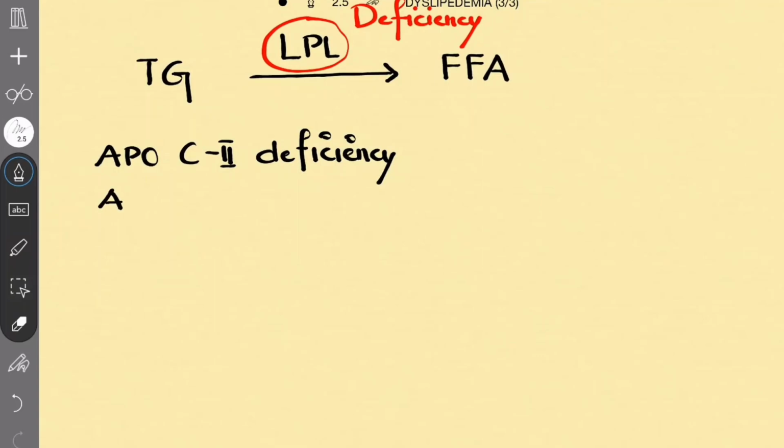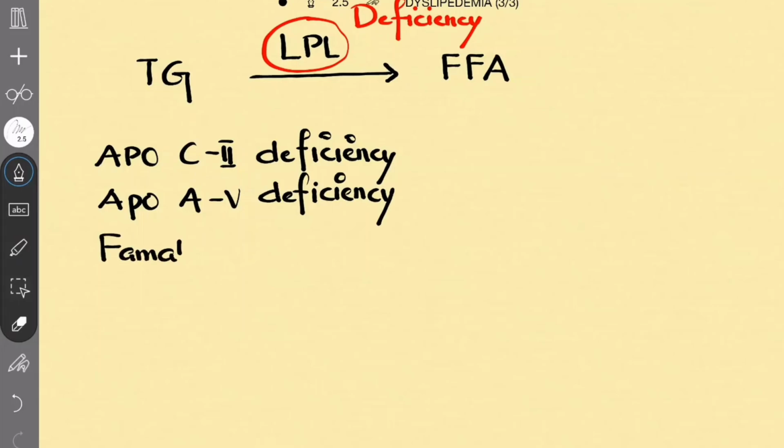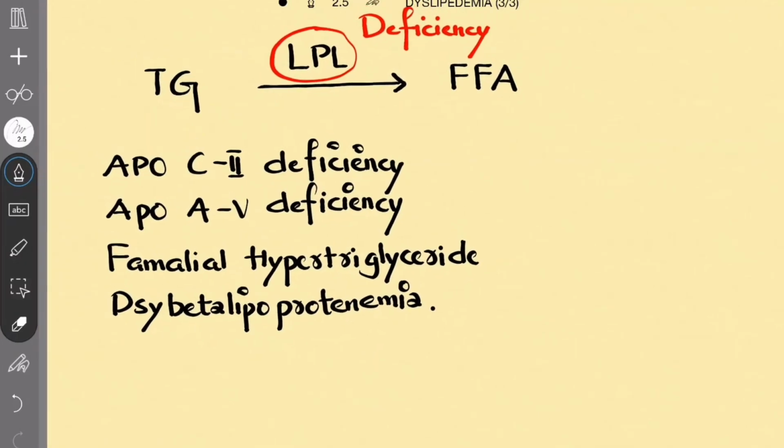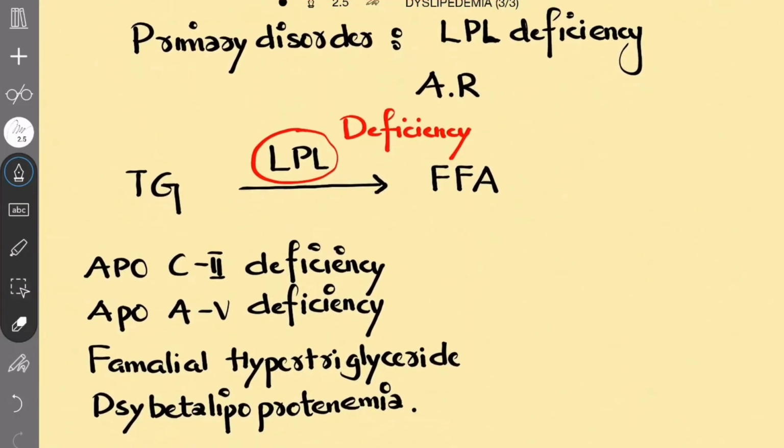Also ApoA5 deficiency, familial hypertriglyceridemia, and dysbetalipoproteinemia.